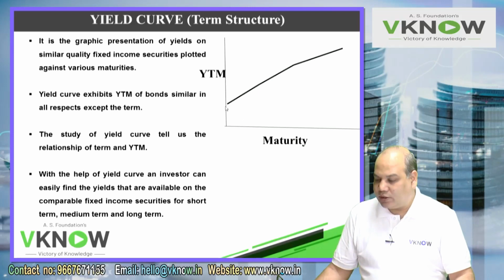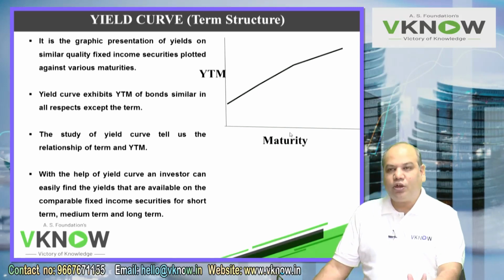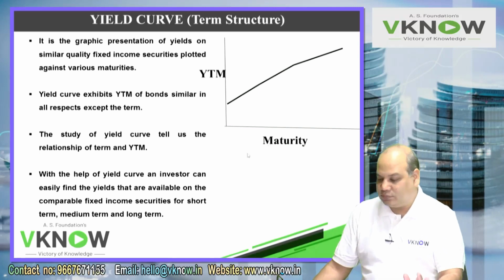By looking at this graph, this yield curve, one can estimate the ongoing YTM for a given maturity for bonds having similar risk, because of course you can't compare bonds with different risk.